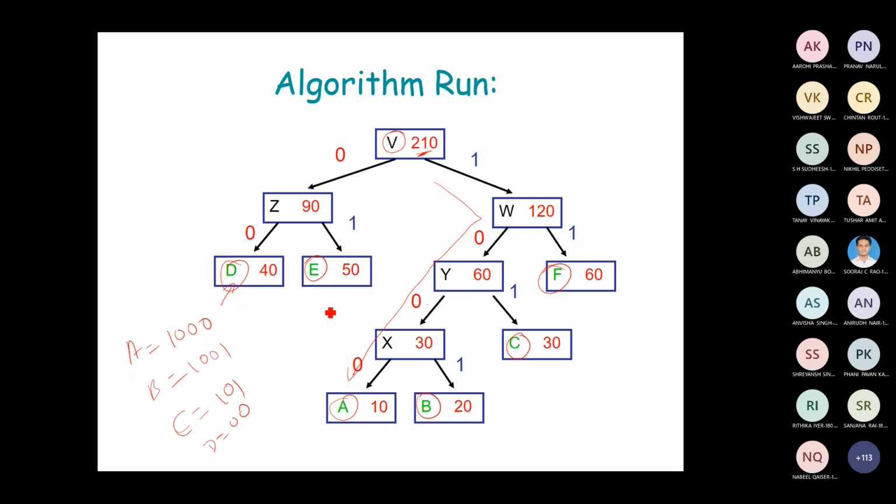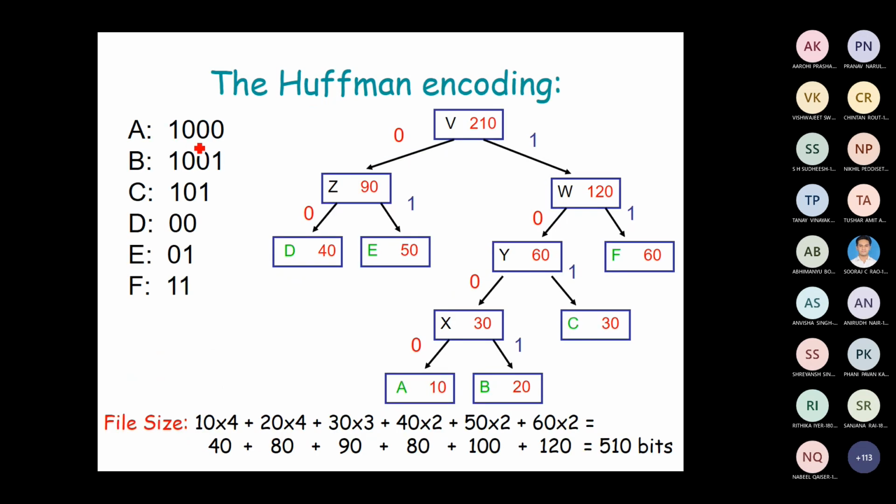The code for E is nothing but 0 1. And the code for F is nothing but 1 1. So these are the codes that we can produce by using Huffman coding: 1000, 1001, 101, 00, 01 and 11.